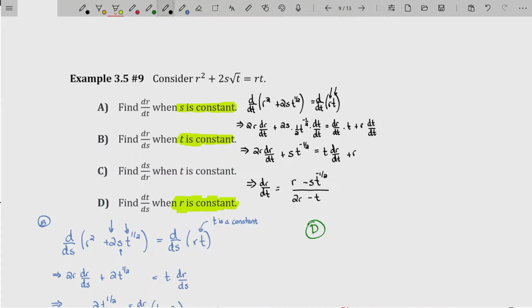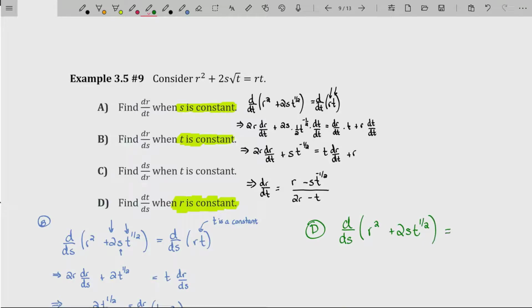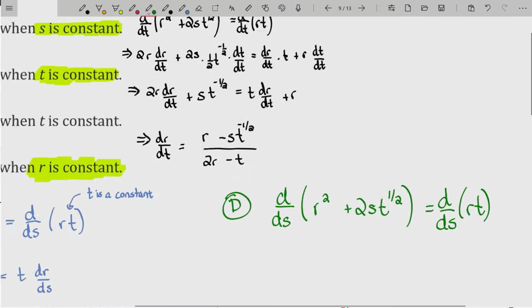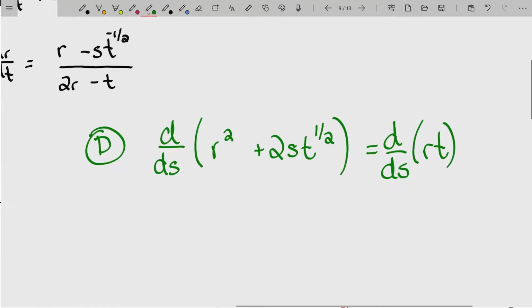So let me write down the derivative. We are taking the derivative with respect to s, in this case, of both sides. So of r squared plus 2 s t to the 1/2 equals the derivative with respect to s of rt. Remember, r is a constant. So let's go ahead and do this. Derivative of r squared: well, r is a constant, so the derivative of a constant is 0.